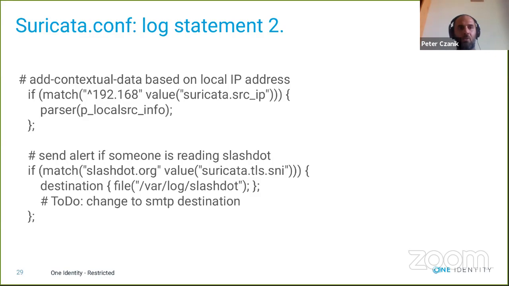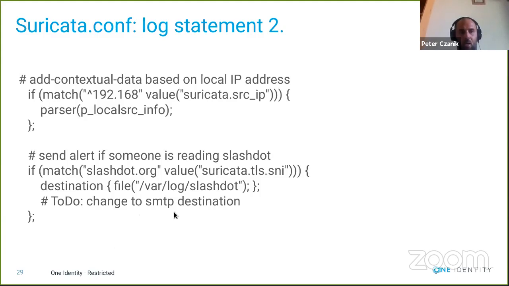Next, we use add-contextual-data on local IP addresses, which I've shown you earlier, using an external CSV file. So you can easily add additional fields based on the IP address in this case.